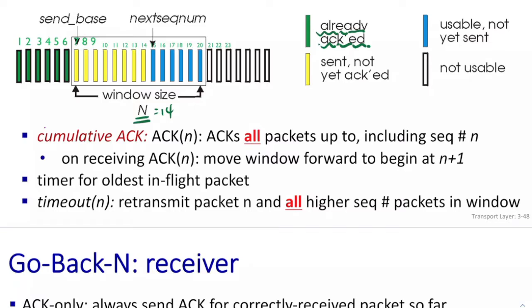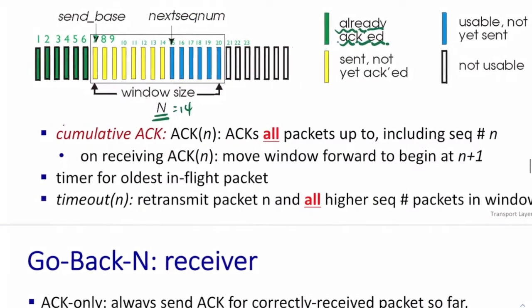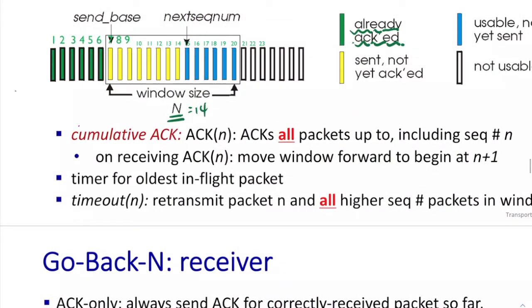Okay, let's take a look at an example. What if we receive ACK number 7 at this moment? If I receive ACK number 7, that means the receiver has already received data number 7, so I can move my window to the next slot.